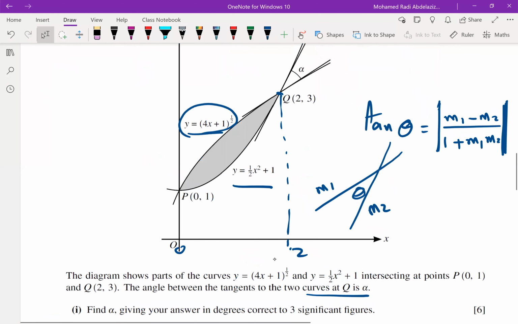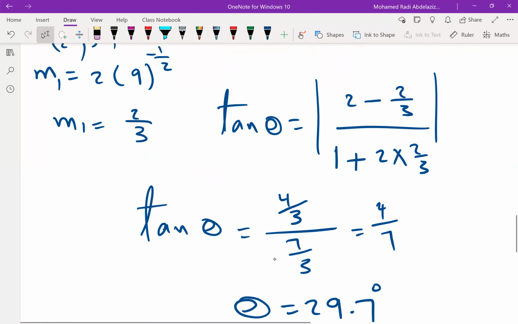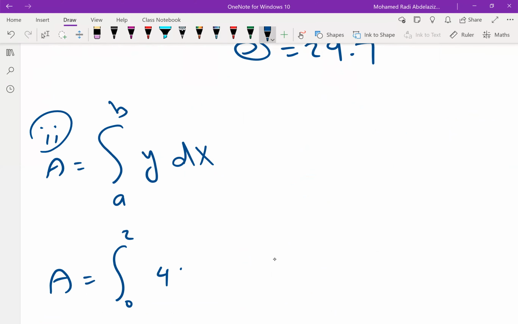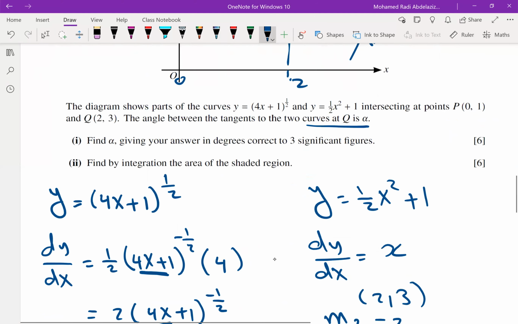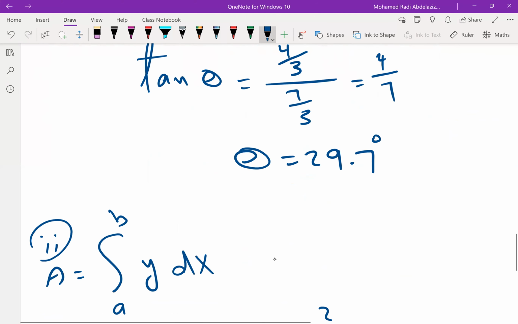The first function is (4x + 1) to the power of half, by dx, minus the integral from 0 to 2 of the second function, half x squared plus 1.